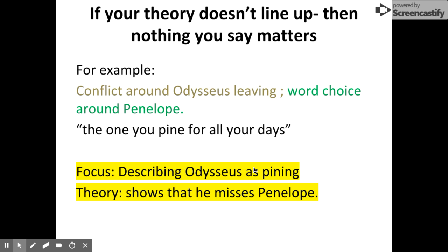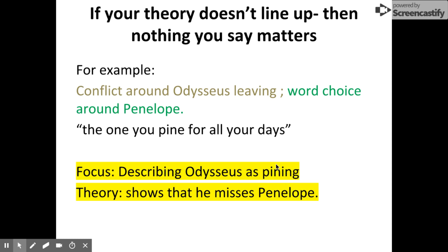Here's an example of a mismatch. If you have a mismatch, you basically may as well not write the focus TLC because you're off topic and you're not supporting your point. So, for example, there's the stem of Odysseus leaving is causing conflict, and we're looking at word choice around Penelope. And I have Circe saying Odysseus pines all of his days for Penelope. So here I choose to focus on the word pining.